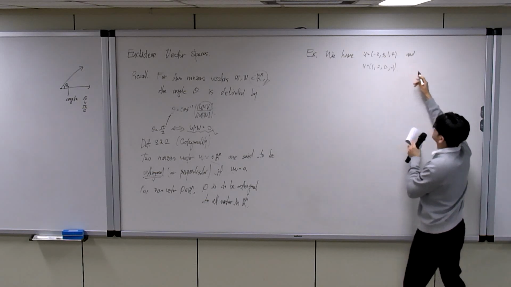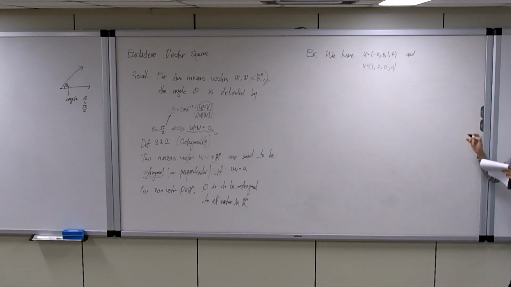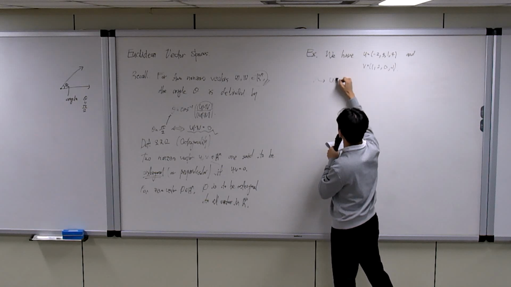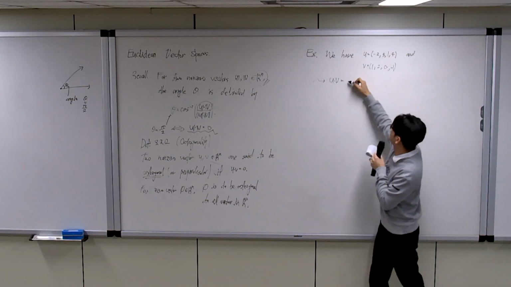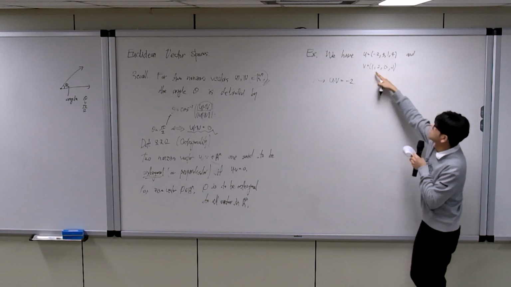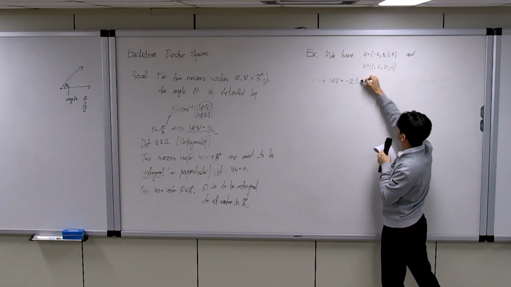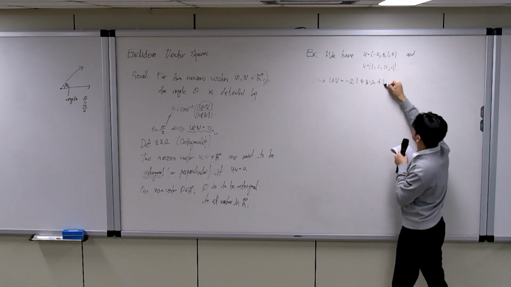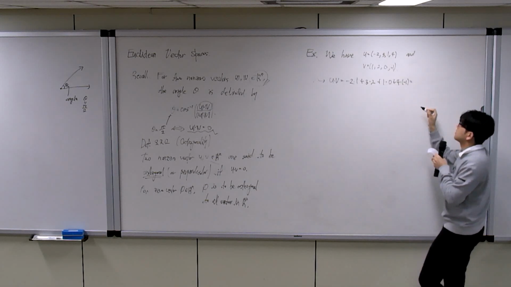Then these two vectors are orthogonal in R to the 4, because we can calculate the dot product of them, the sum of the products of each coordinate.